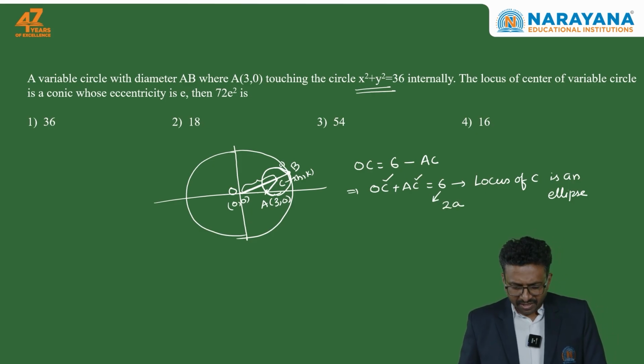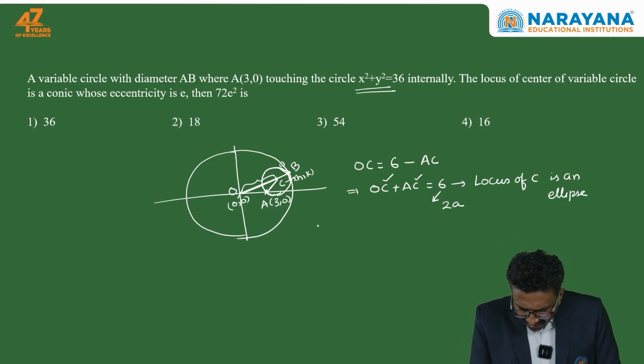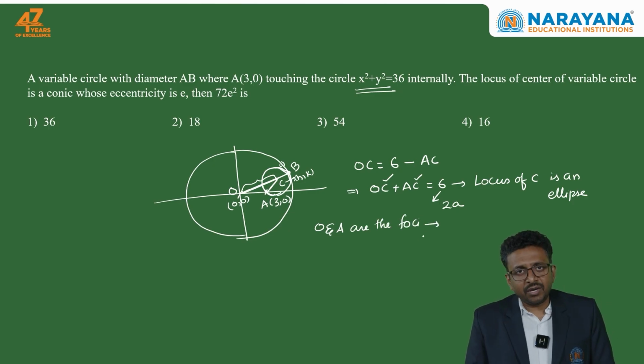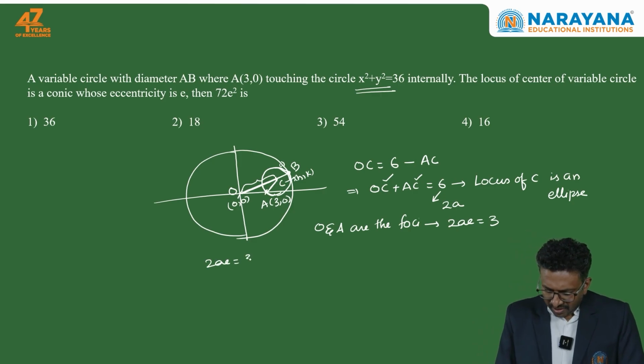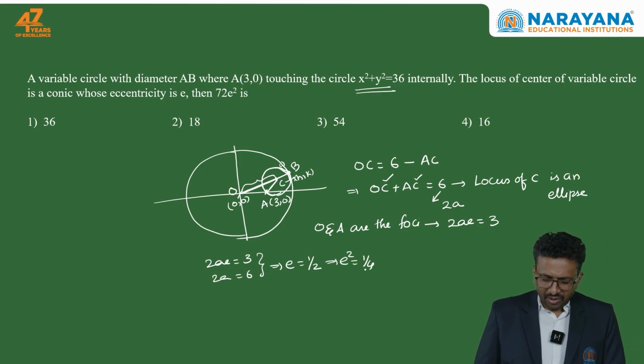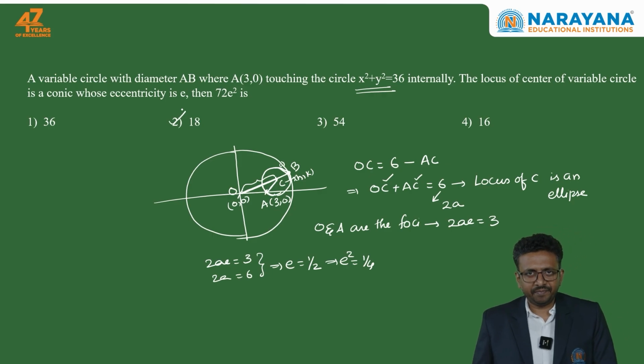And clearly O and A are the foci, whose distance is equal to 2ae. So 2ae is equal to the distance OA, which is 3. So 2ae = 3 and 2a = 6, which implies e = 1/2, which implies e² = 1/4. So 72e² will turn out to be 18.